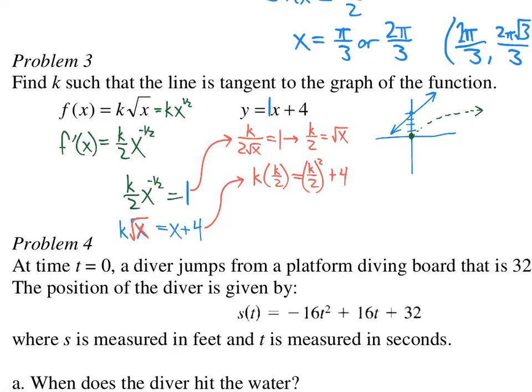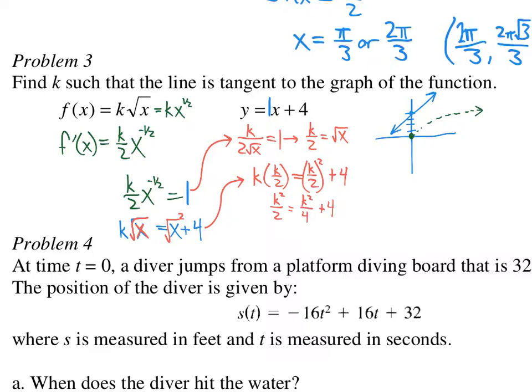Okay? I had to, because this would be that, right? X is just the square root of x squared. So now we have k squared over 2 equals k squared over 4 plus 4.